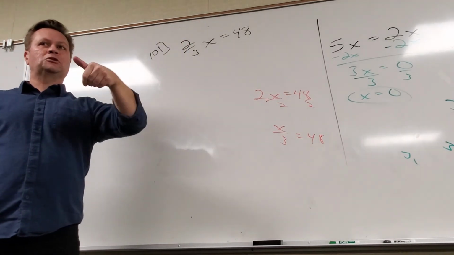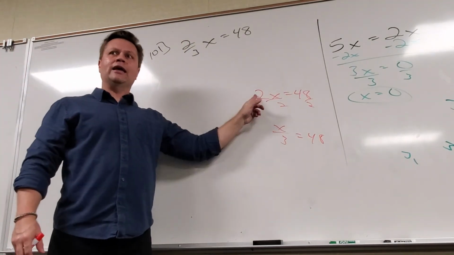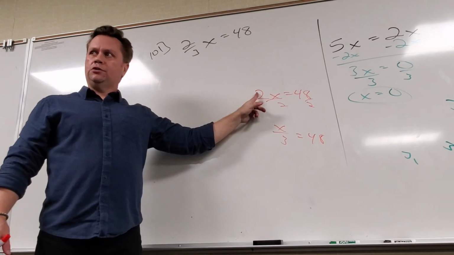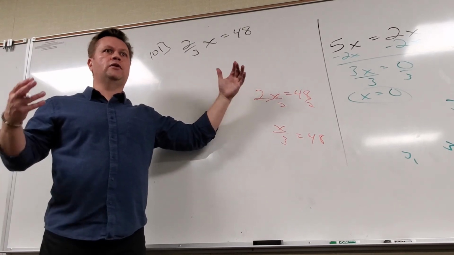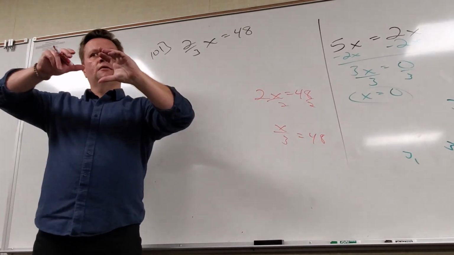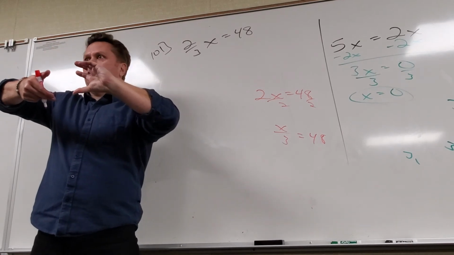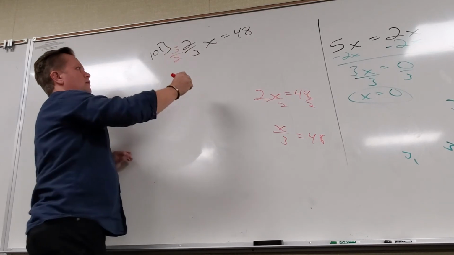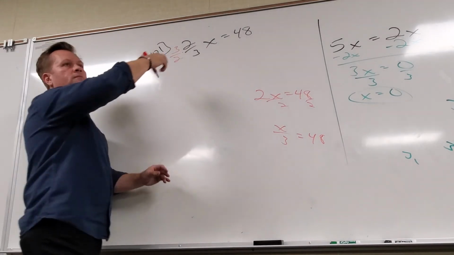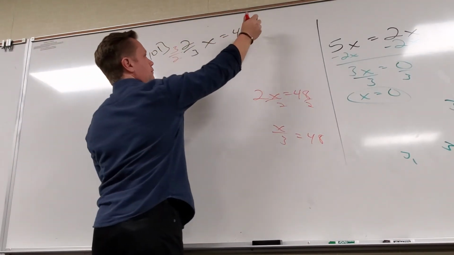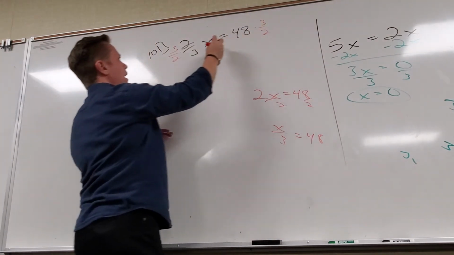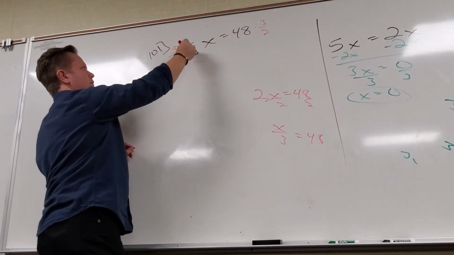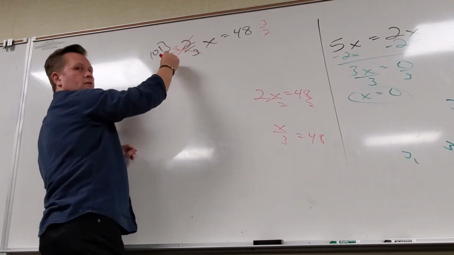So let me multiply by 3 and divide by 2 at the same time, affectionately known as multiply by the reciprocal. Does that sound familiar? If I multiply this side by 3 over 2, I better do what at the same time? The other half is that. And then what happens here? The 3's die and the 2's die.